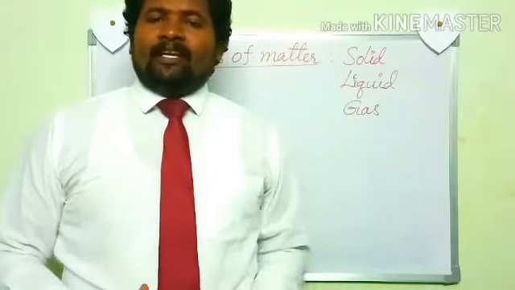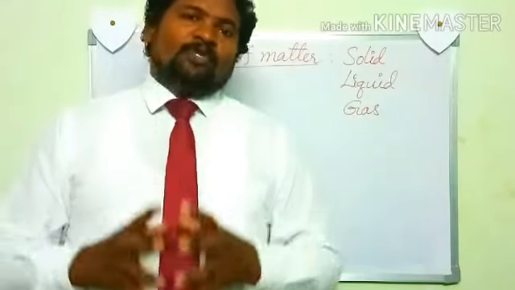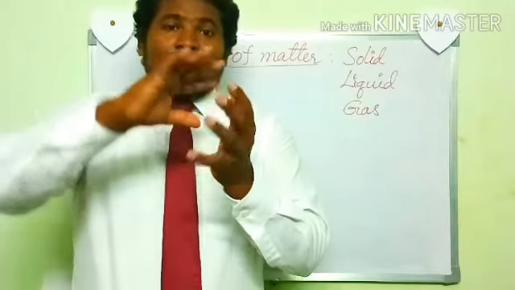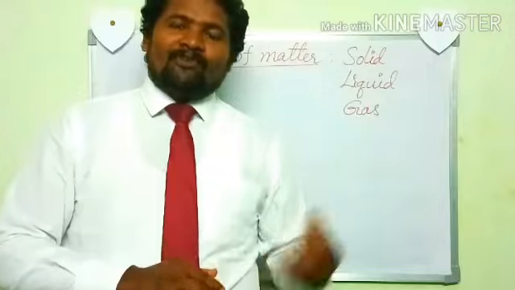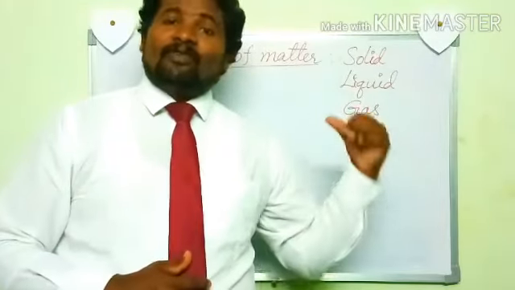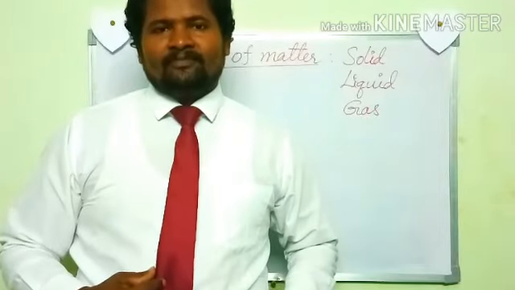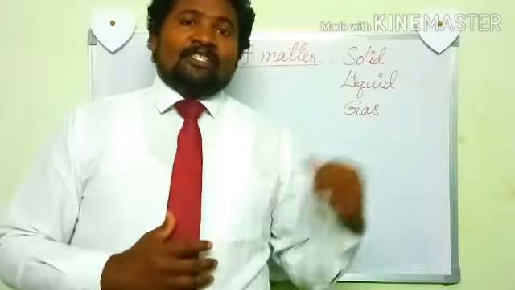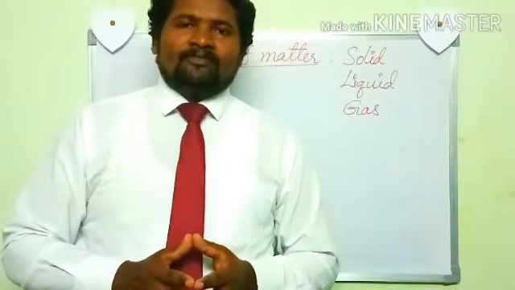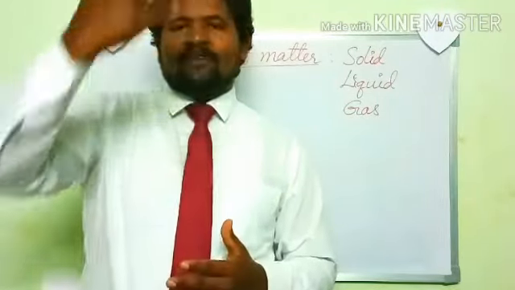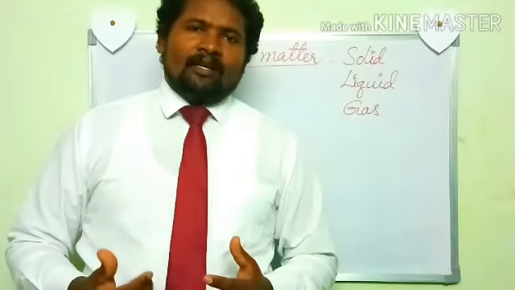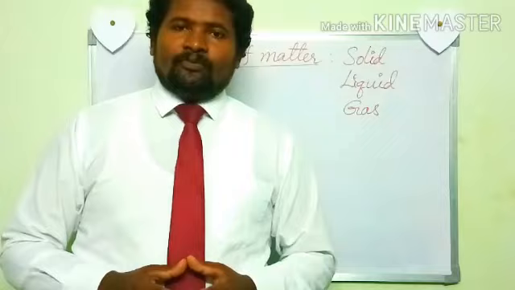So anyhow, in this solid state, atoms are present closely, and the close packing arrangement of these atoms gives more density to this solid material. And solids have regular shapes, and we can count the number of surfaces, as I have shown you in some activity in the previous video.